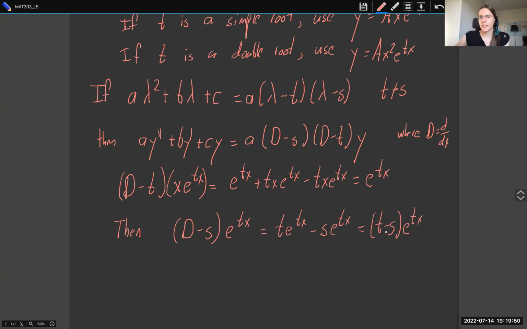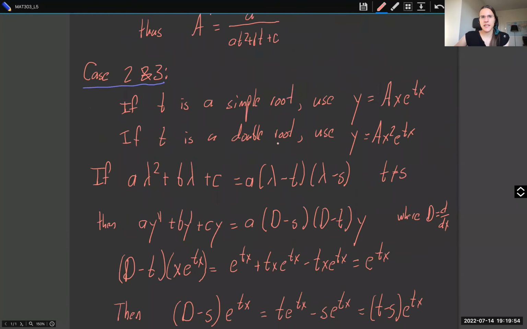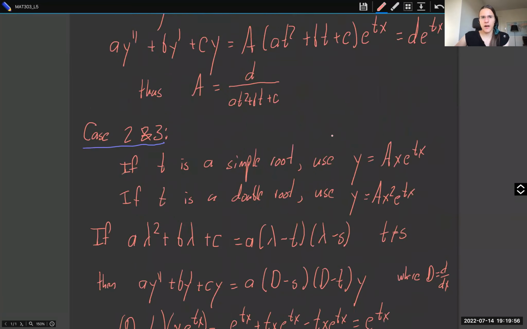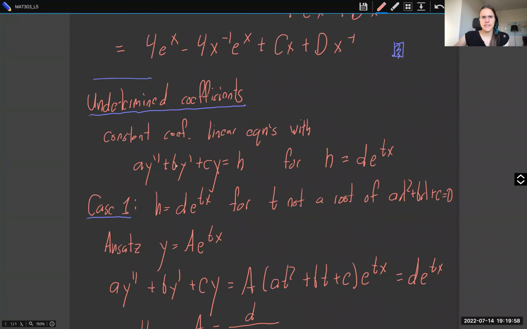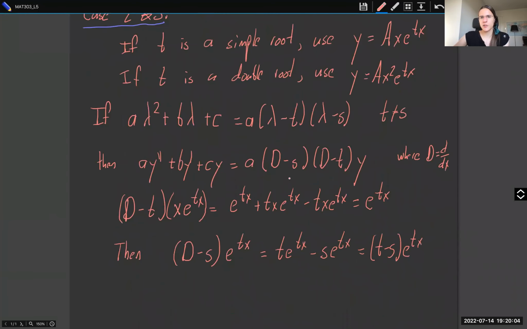And this is a non-zero multiple of e^(tx). What we want is, when we apply this differential operator onto this, to get some multiple of e^(tx). So in the case of a single root, the ansatz x e^(tx) will always work.